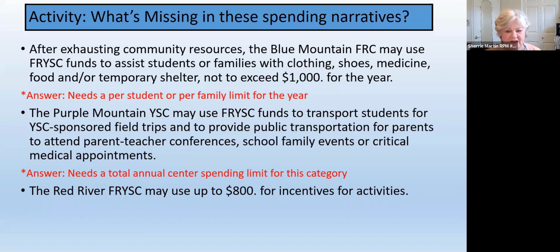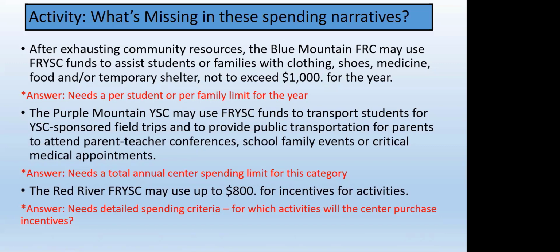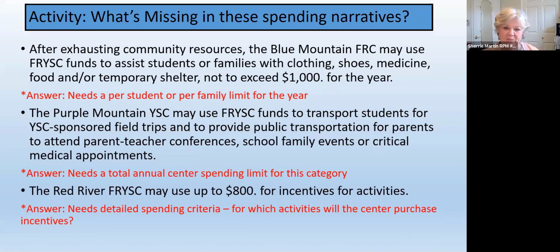No criteria. So you might have criteria that say you could spend up to $800 for incentives for Frisk-sponsored activities, for improvement in motivation and behavior, or whatever kinds of activities that you might provide funding for. Okay. All right. Thank you very much.